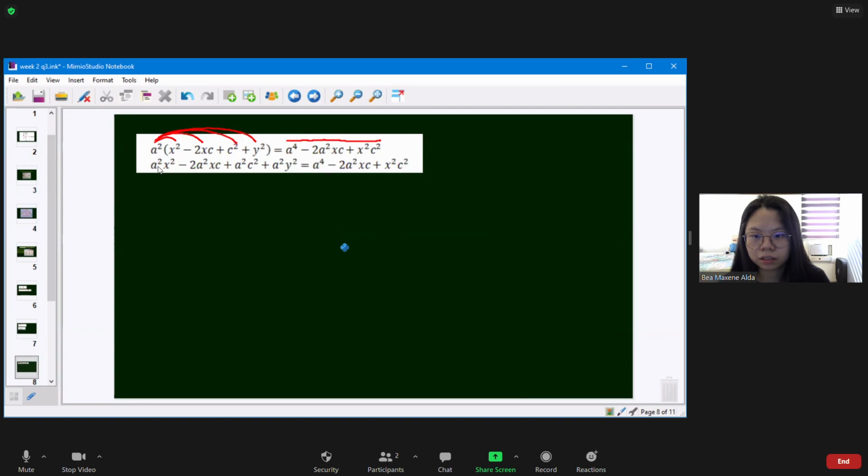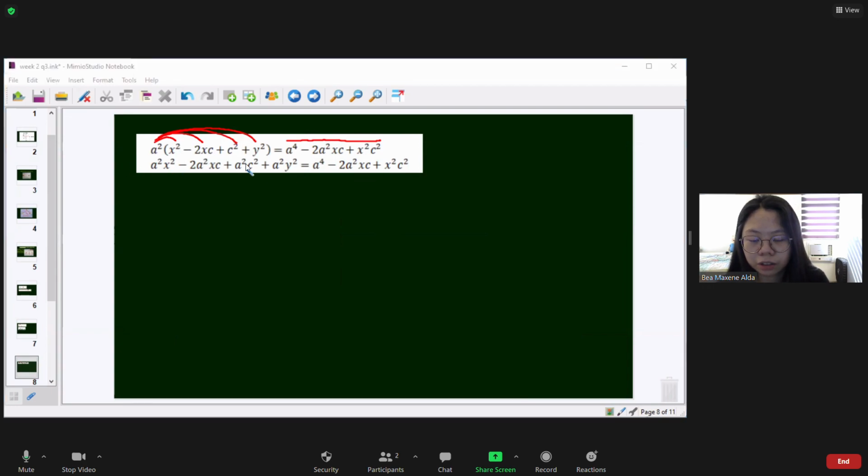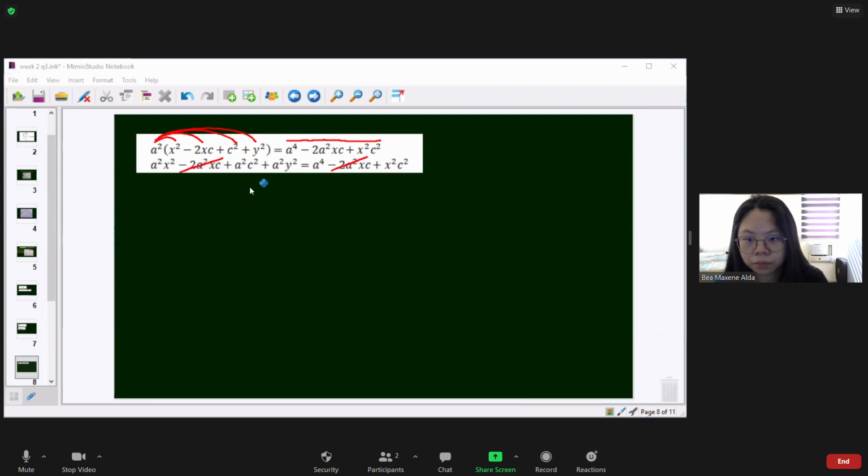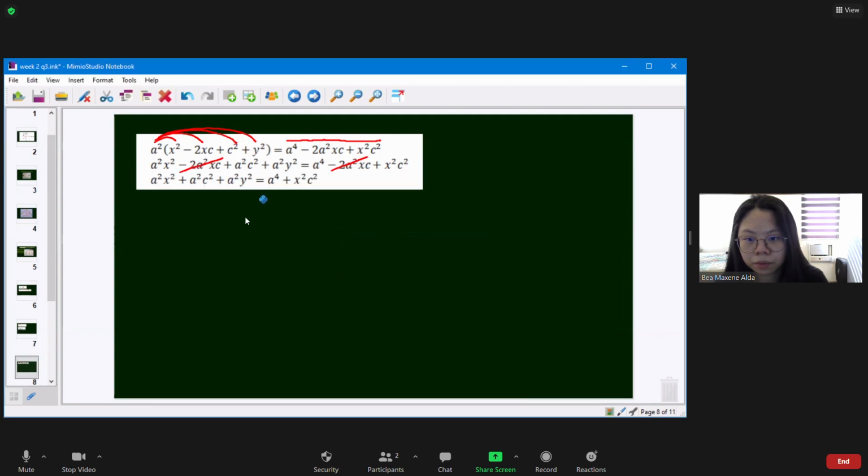There we go. Distribute. And then from there, since we still have common terms, what we want to do is to cancel that. See 2a squared plus xc. And then from there, ayan, mawawala na siya.